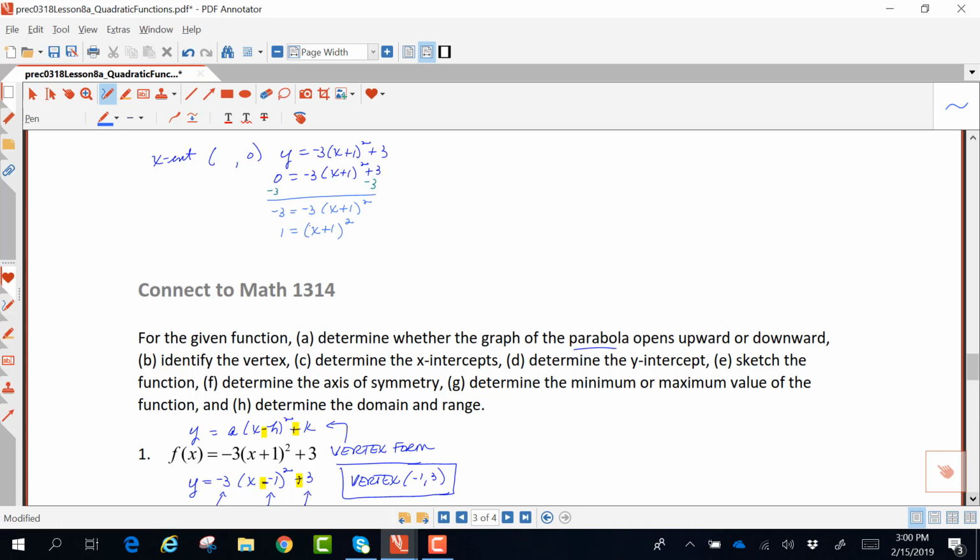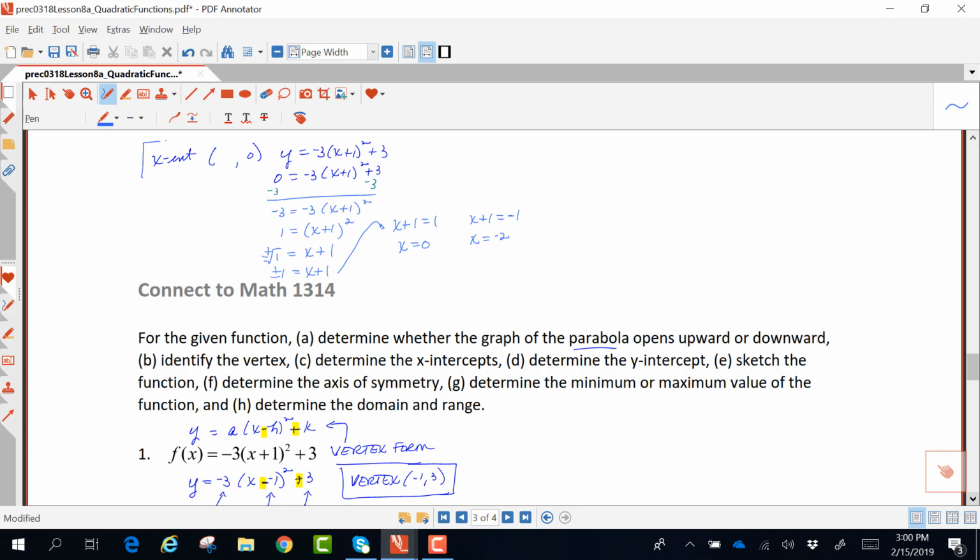Now I can apply the square root, remembering to put the plus or minus in front of the radical, giving me two values of positive and negative 1 on the left side. This results in two equations. One is x plus 1 equaling +1, and the other is x plus 1 equaling -1. The result is an x value of 0 and an x value of -2.